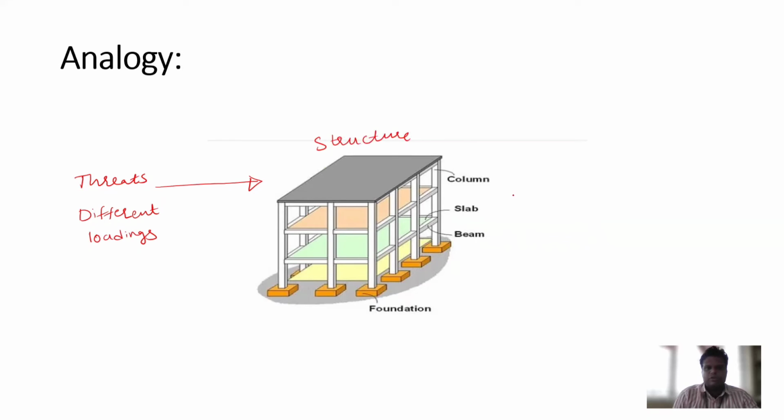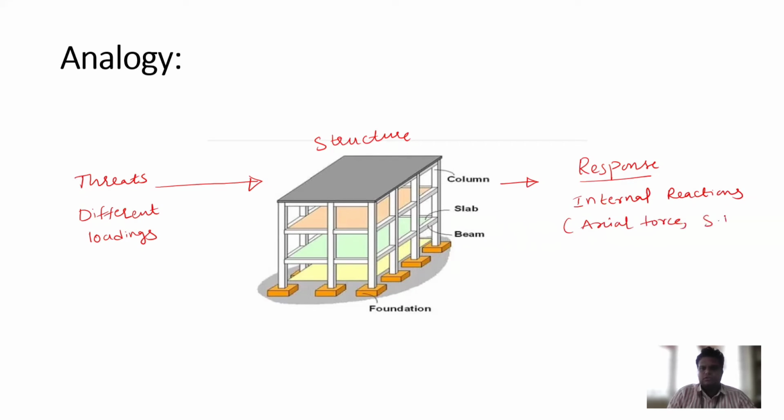As a structural engineer, we have to analyze the response of the structure under the threat of different loadings, like live load and dead load, as I have explained earlier. The response is nothing but calculating the internal reactions. The internal reactions are axial force, shear force, and bending moment.